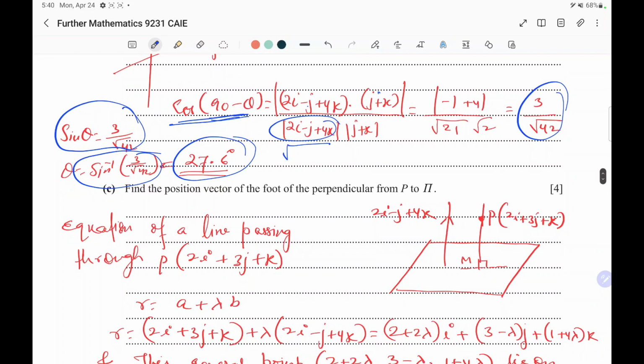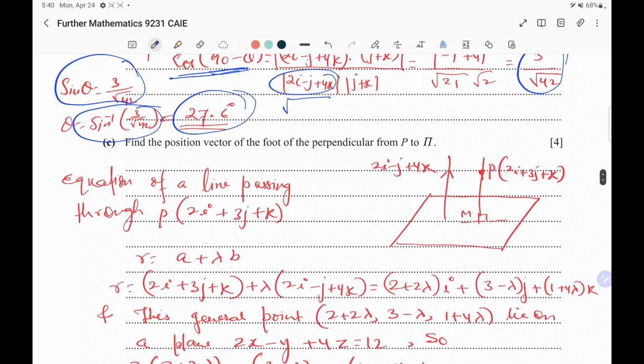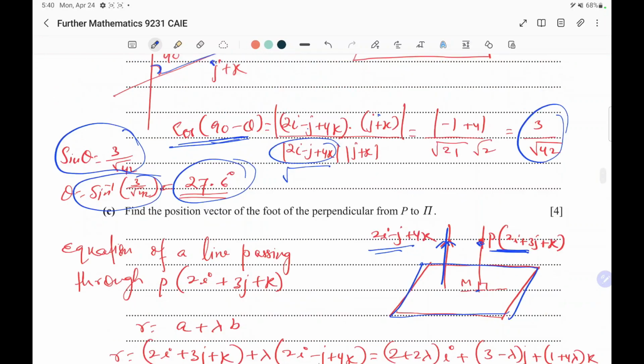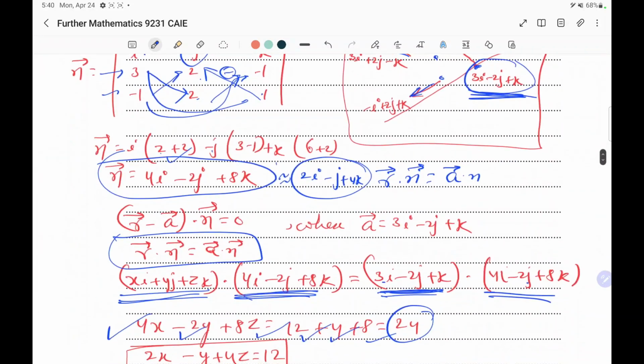Find the position vector of the foot of the perpendicular from P. So this is P, and this is your plane. Just draw a perpendicular, you will get some point M. So we can find the equation of the line passing through P, and it's perpendicular, right? So it is parallel to the normal vector. The normal vector is 2i minus j plus 4k, which we found here.